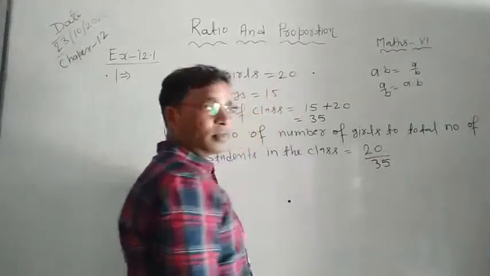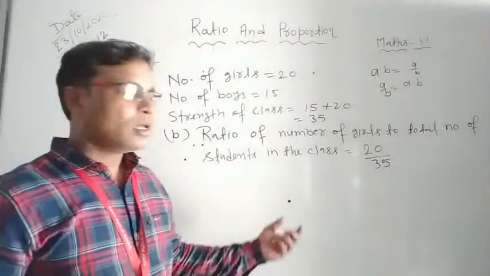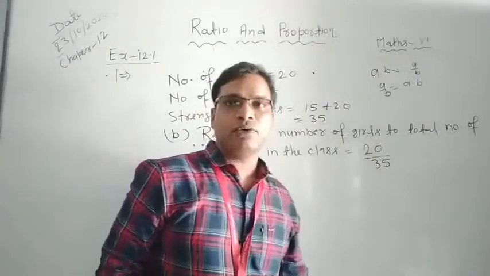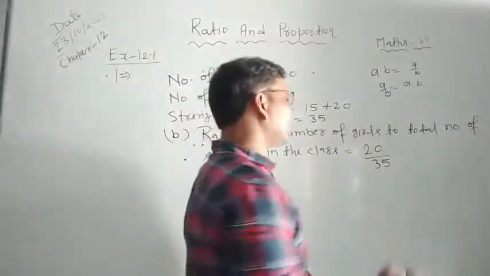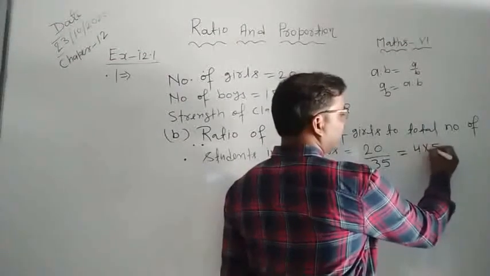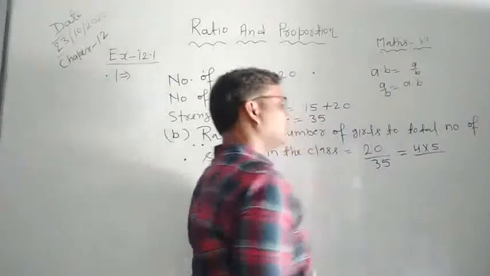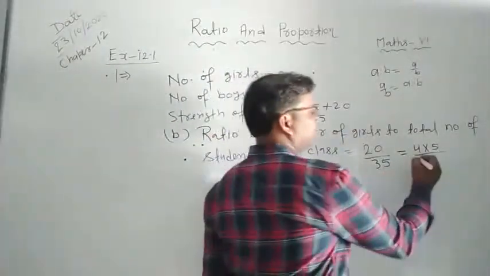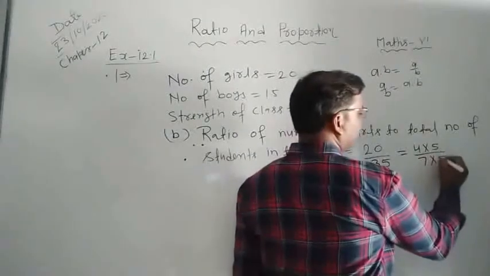Clear? Now, if you simplify this, 20 is equal to 4 into 5, and 35 you can write as 7 into 5.